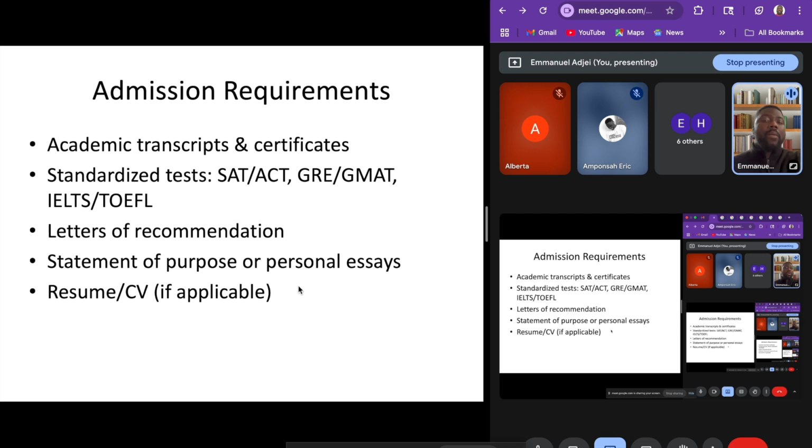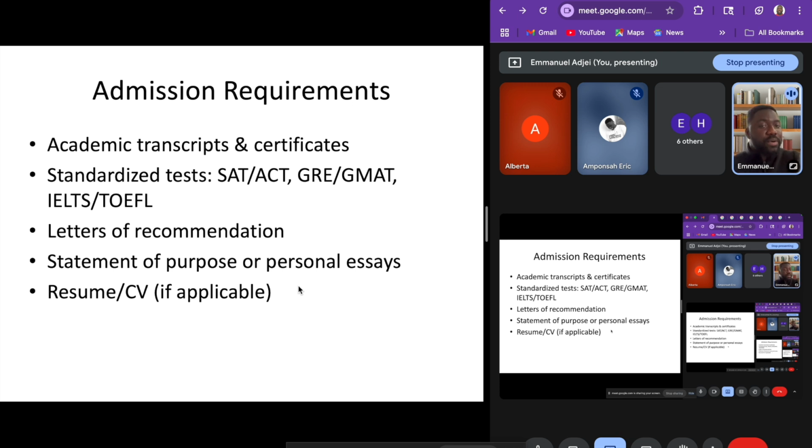Statement of purpose or personal essays. In most universities' applications, you'll be required to write personal essays in their application portal. Some of them require you to just write it in there, so they will provide a text box. For some, you will need to write it in the form of a letter and upload it in their application portal.